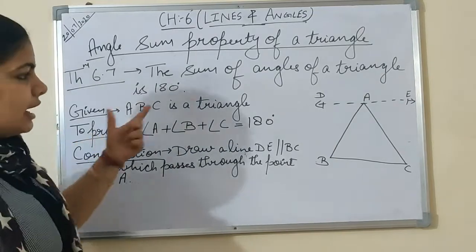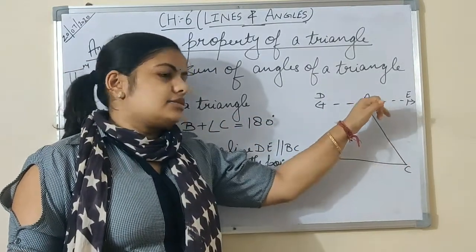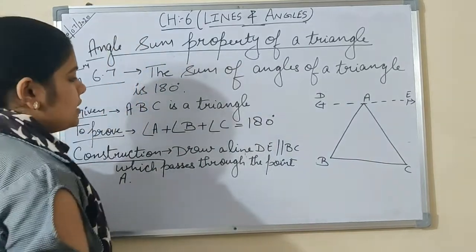Now you can see that I have constructed a line that is parallel to BC and passes through point A.